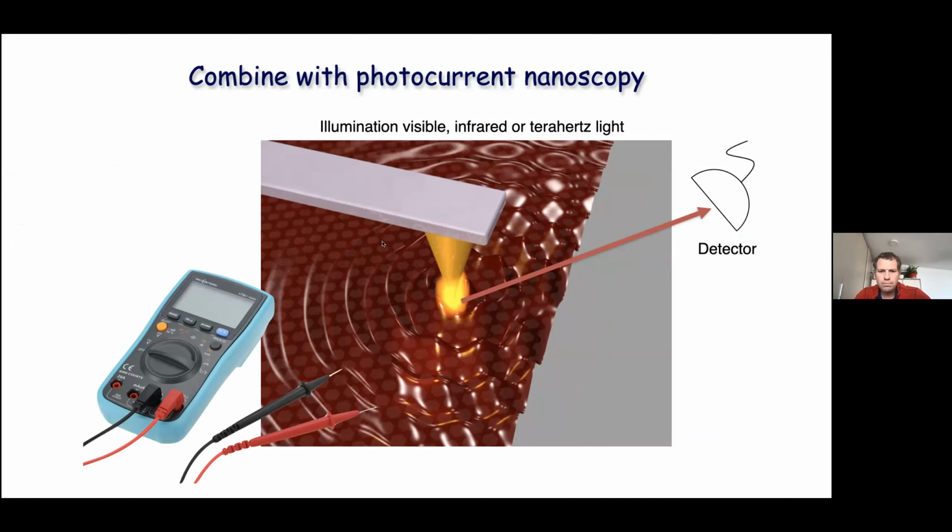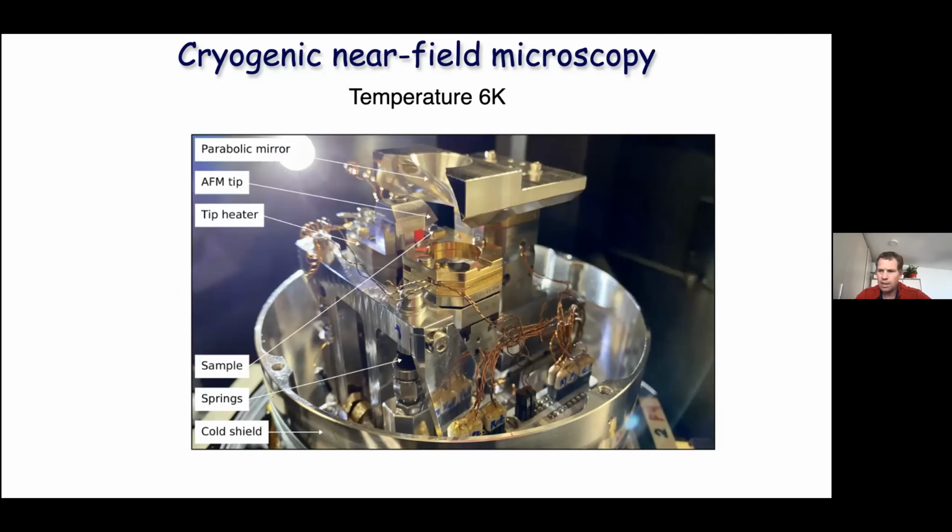These experiments were initially done with the normal room temperature SNOM from NeaSpec, and we modified it in order to do this nanoscopy. But I will also present some data taken with the cryogenic near field microscope. It's called the cryoSNOM. You can see a picture here. This whole chamber, in operation mode, is in vacuum and at low temperature, reaching around 6 Kelvin.